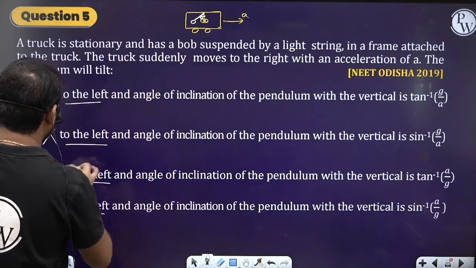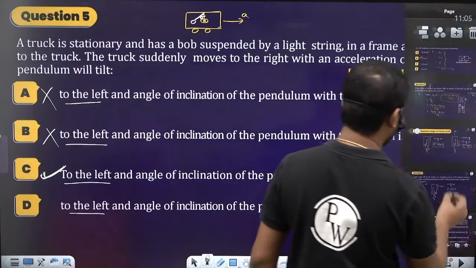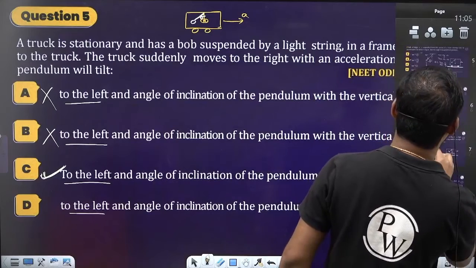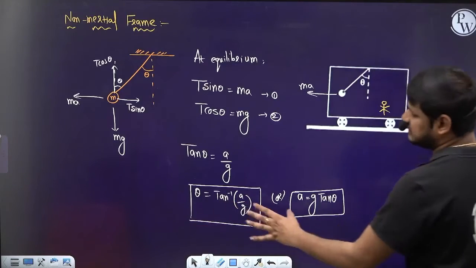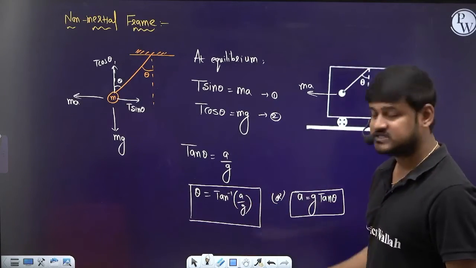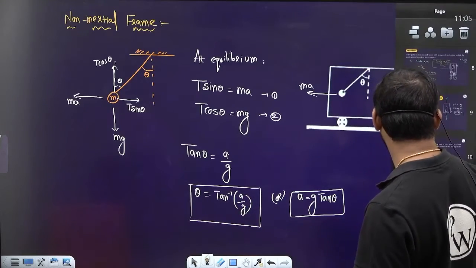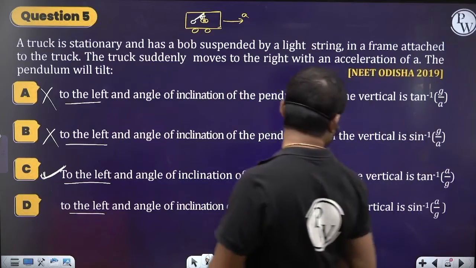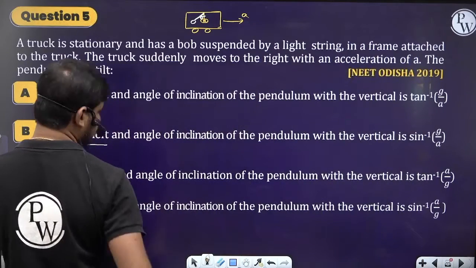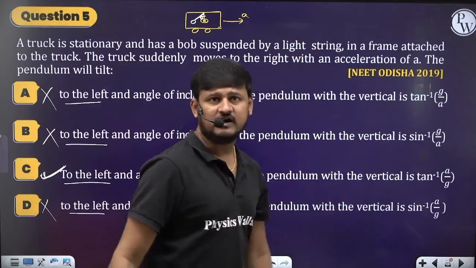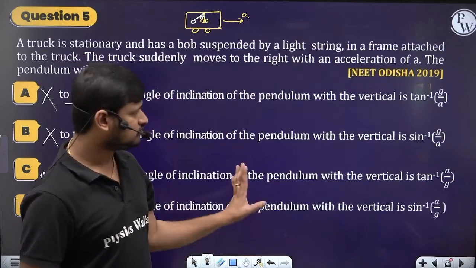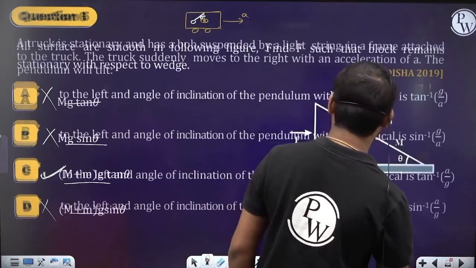Tan theta is equal to a by g, we have seen this condition. So theta is equal to tan inverse of a by g. Direct question. Clear? Understood, guys? Sure. So let's move further.